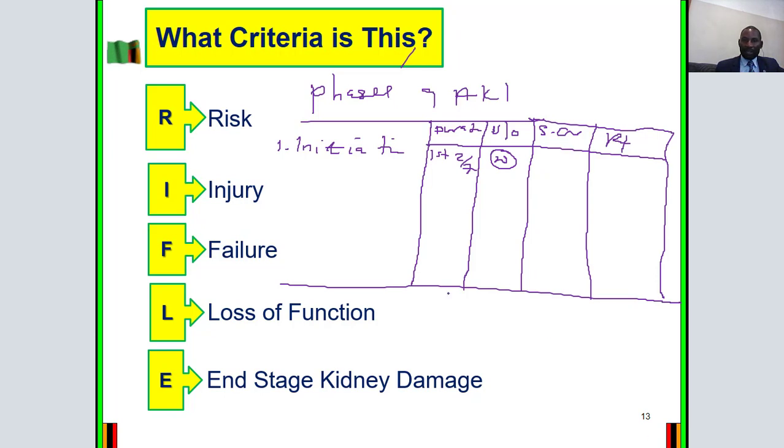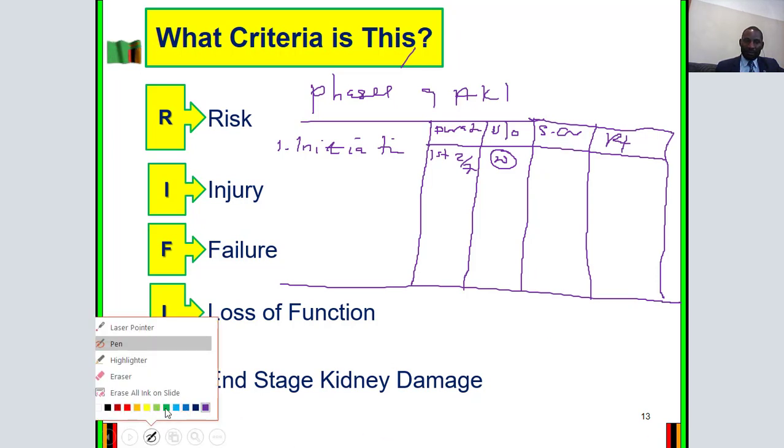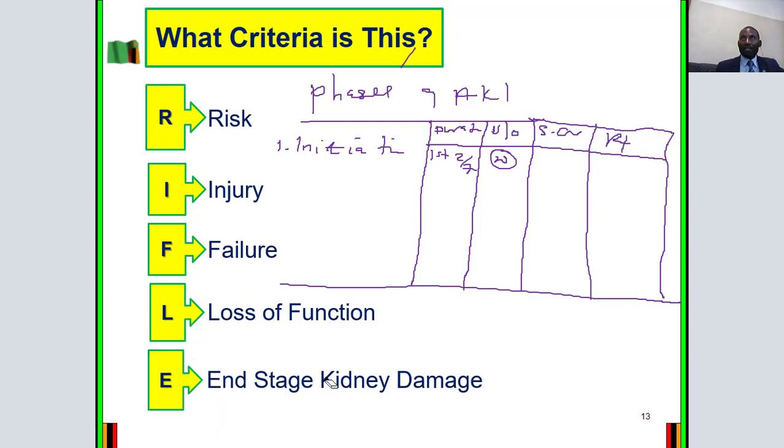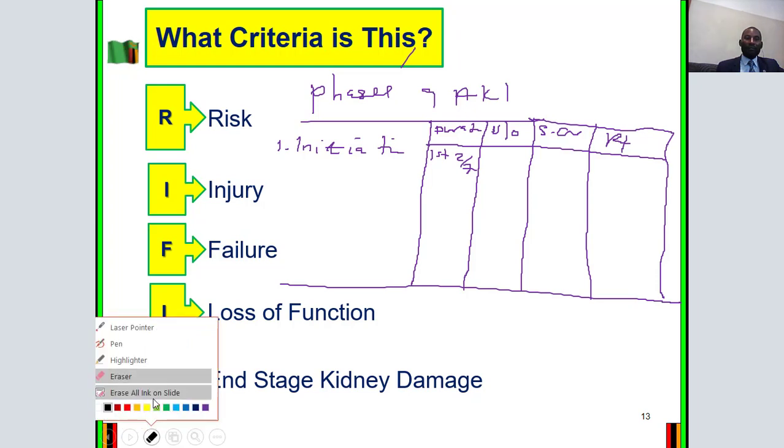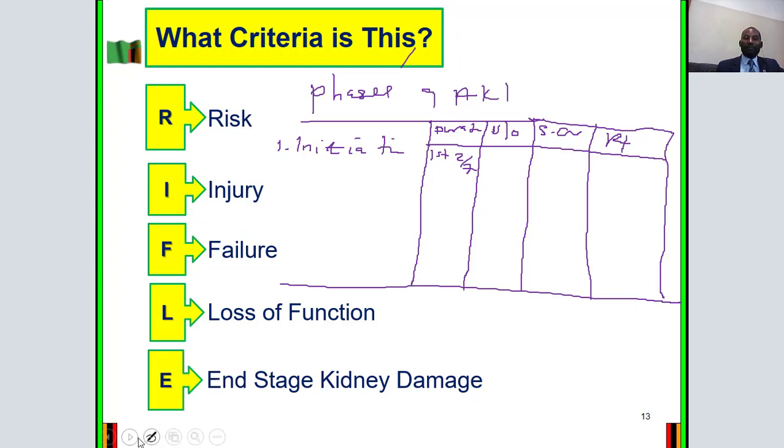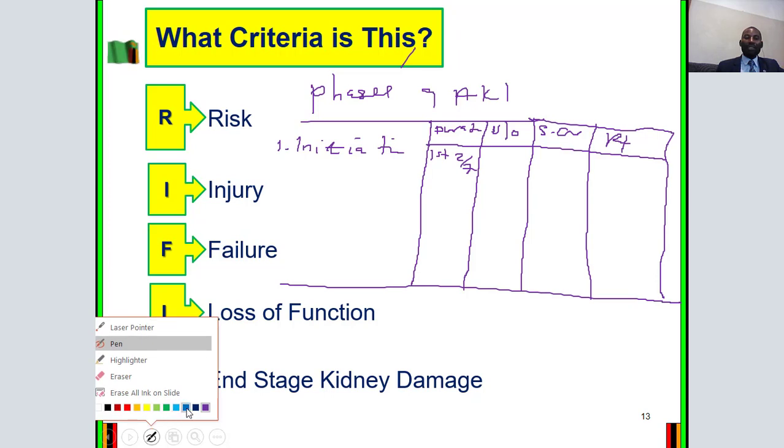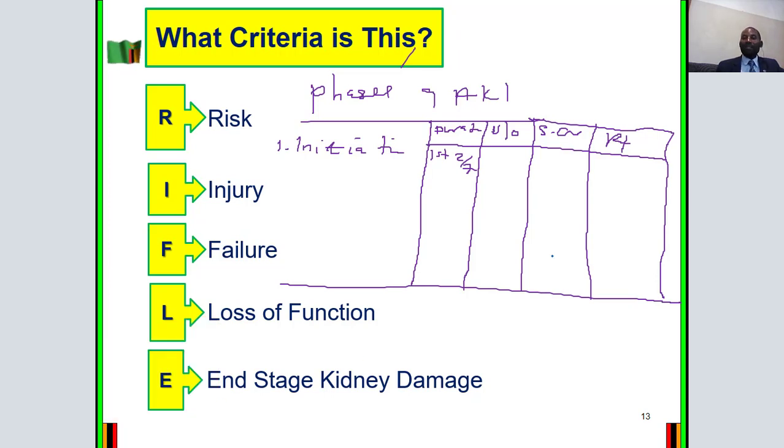Let me practice a good way, considering the aspect of colors. This is a stage where it's able to be missed.